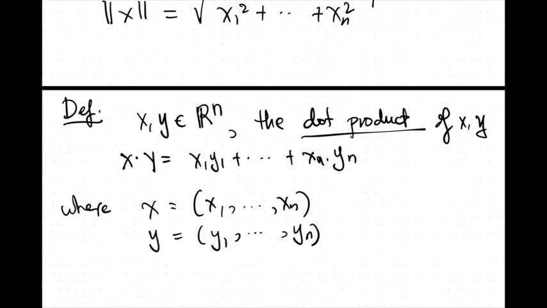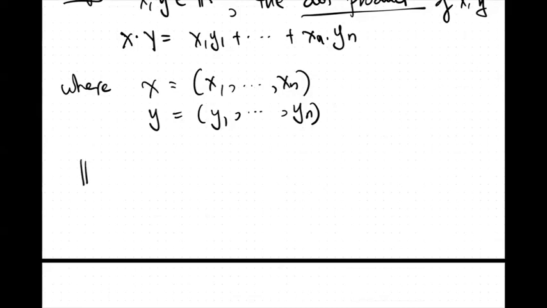The norm squared is just x dot x, for all x in Rn.